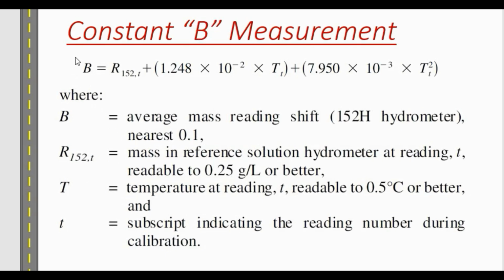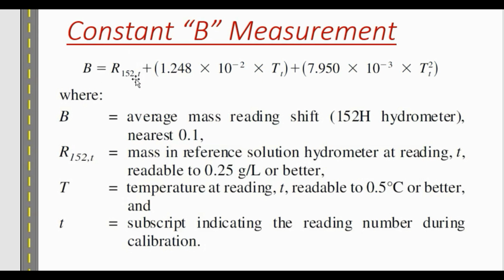Same as we will measure the value of B that will be used for temperature density correction if we are using 152H hydrometer. R152 is the value of the reading of hydrometer in reference solution filled with water and dispersion agent.